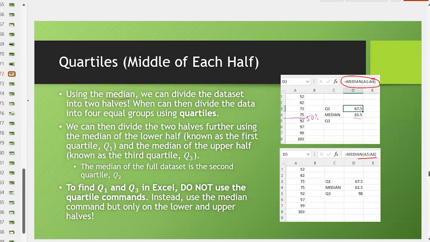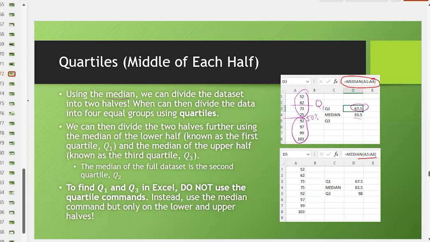Similarly, we can also split the lower half of the data and the upper half of the data. If we split the lower half, we call this the first quartile or Q1. Okay, and in this case, you can see it's going to be 67.5.